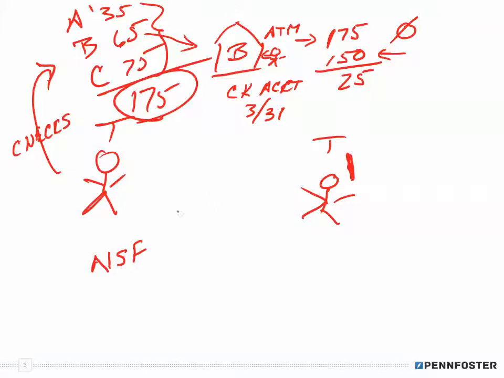And what ended up happening is that for each check, the bank charged her $35. Now, she takes the money out, and so the bank is saying, oh, you have only $25 left. But the reality is that when check A hit the bank for 35, now she's short $10.